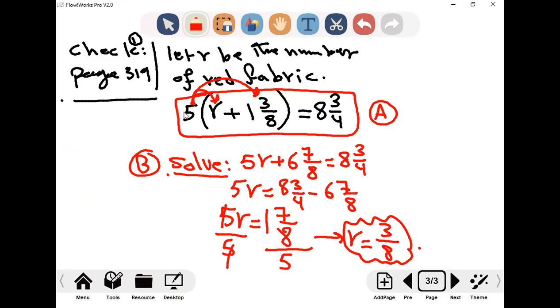Each costume needs red fabric and blue fabric. The blue is given, the red is not given, but we found it. How much? 3 over 8. So 3 over 8 for the red, 1 and 3 over 8 for the blue. Together, for the 5 costumes, the total of the fabric should be what? 8 and 3 over 4. Do you understand the question? I'm not talking about the steps. I'm talking about the general idea of the question. Do you understand it?